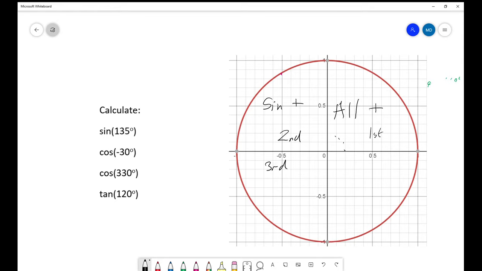Here is our third quadrant. We're going both down and left, so both sine and cosine are negative, but a negative divided by a negative ends up positive. So here, this is where tan is positive.